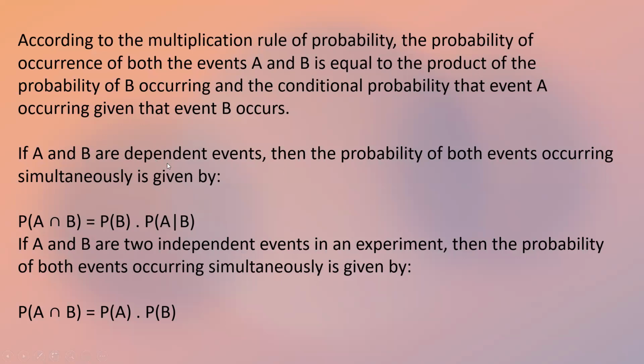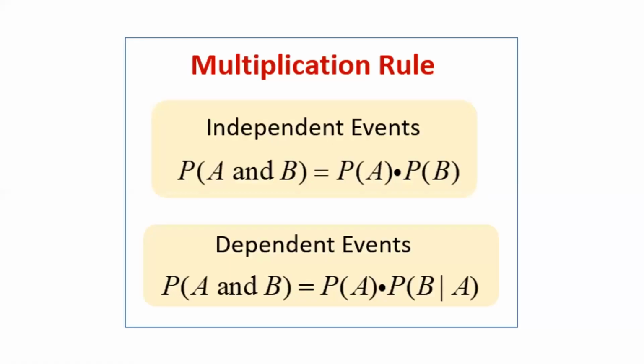But if they are two dependent events or mutually non-exclusive events, then we use the conditional probability and multiply it with the probability of the other event. So it is a similar pattern. The difference is just that here there is a product, and in the addition rule there was addition.